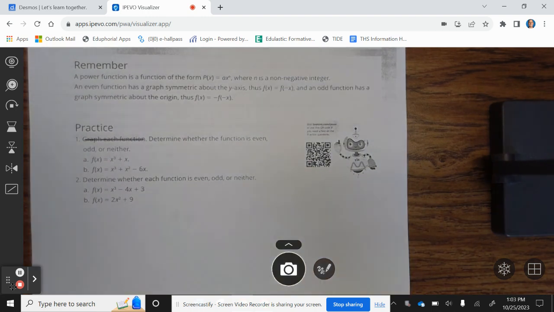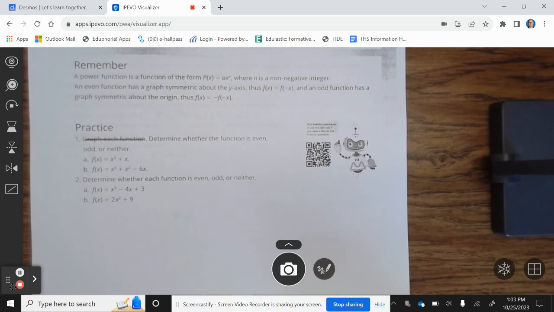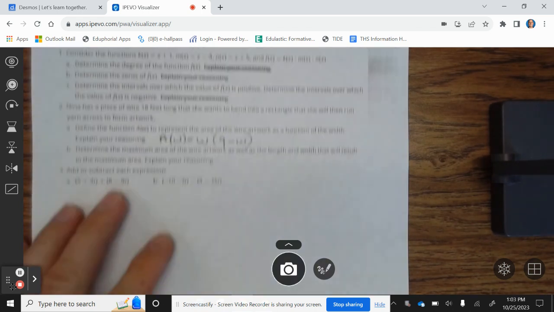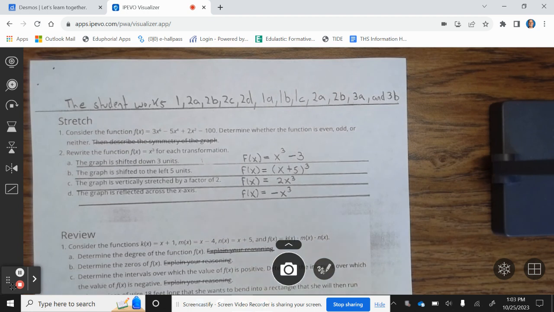All right, let's take a look at the next page. The student works 1, 2A, 2B, 2C, 2D, 1A, 1B, 1C, 2A, 2B, 3A, and 3B.